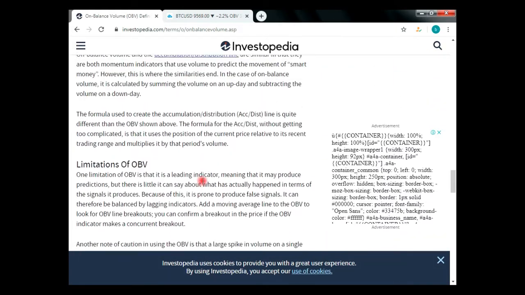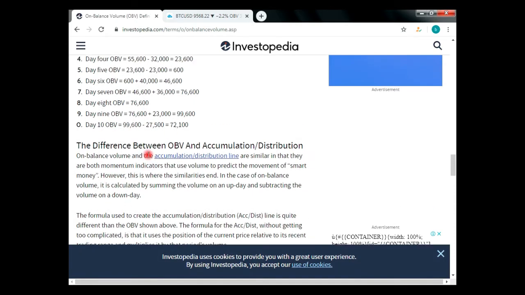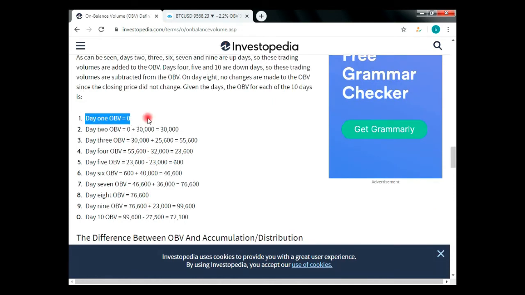And you may find it awesome because On Balance Volume is formed based on a formula.